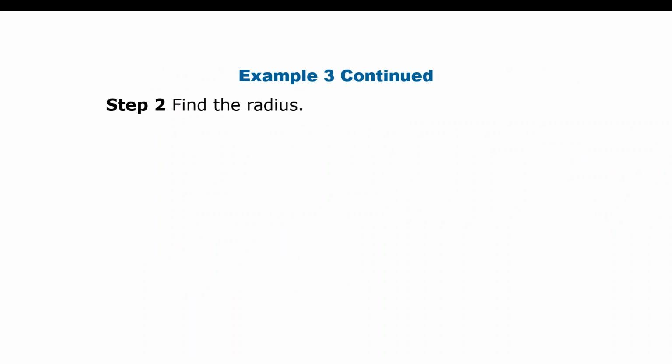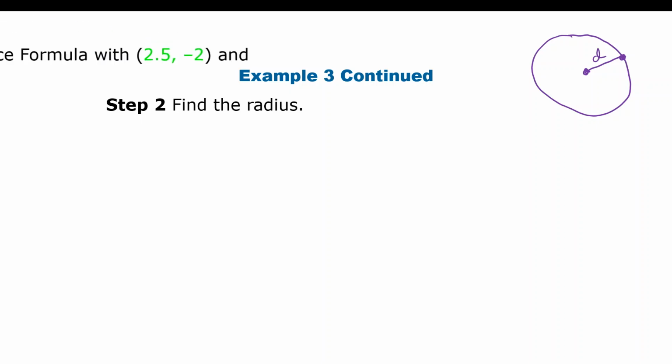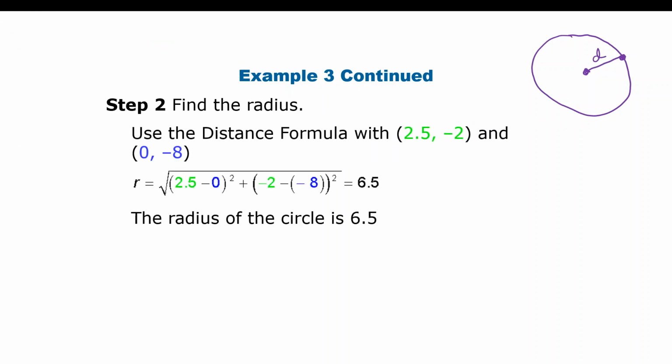Okay, so the second step of this problem is to find the radius. So let's remember what our radius is. If I have a circle and I have a radius there, if I take this point and find the distance, that will tell me what the distance of my radius is. And so what we need to do is use our distance formula. Remember, this is going to be x1, y1, and x2, y2.